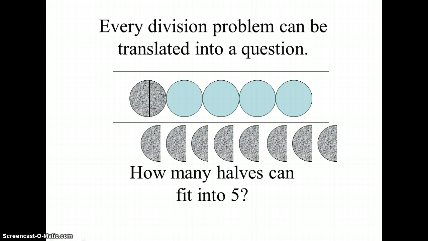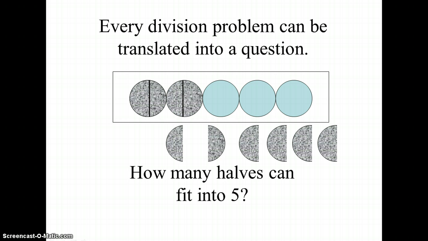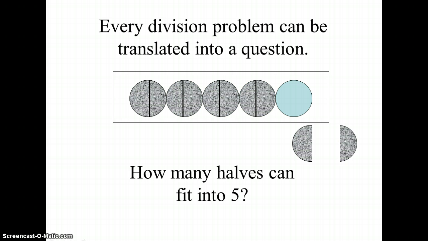So 2 halves are needed to fill each hole, and if I'm looking at these 5 holes, I would need 10 rocks. This seems strange that when I'm dividing I get a bigger number as my quotient, but it makes sense because I need more of the piece that I'm using to fill the hole to fill up one hole. So it's going to take even more to fill up multiple holes.